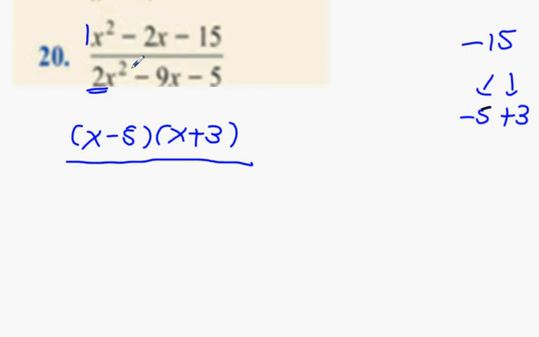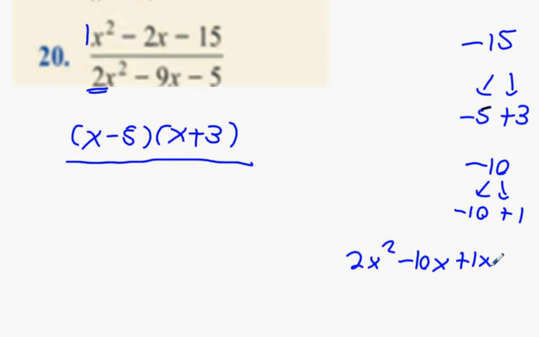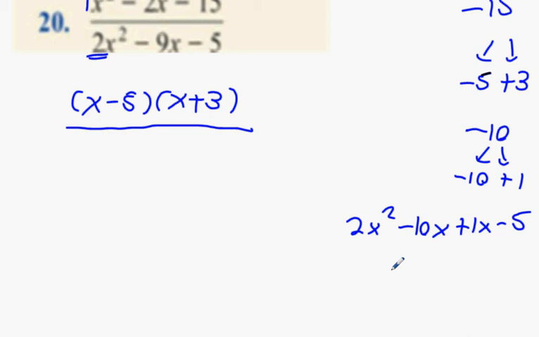2 times minus 5. Two numbers that multiply to give you minus 10 but will add to give you minus 9. Minus 10 plus 1. Now look at this. 2x squared minus 10x plus 1x minus 5. What's next? What can I take out of here?